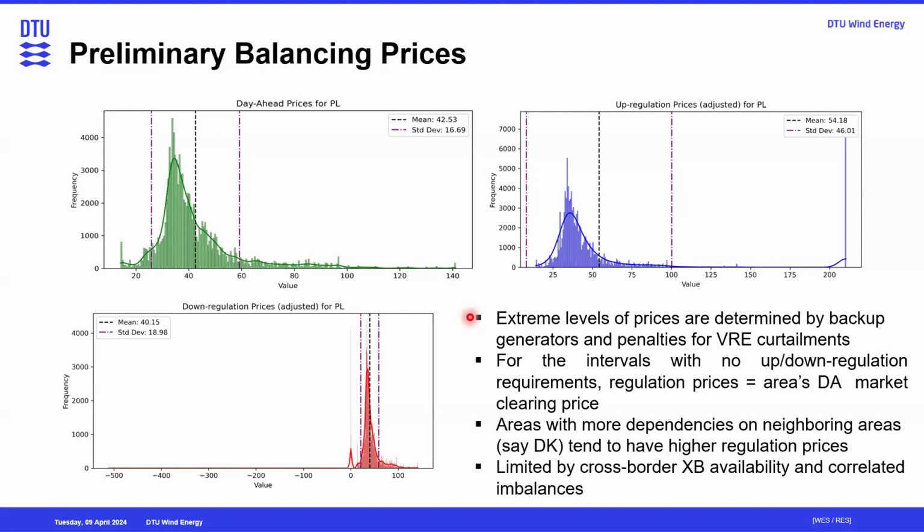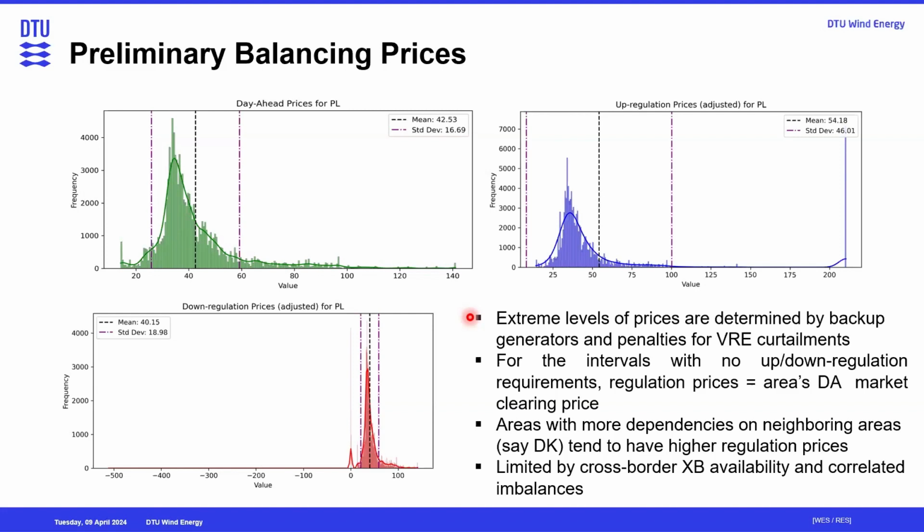Upregulation prices in some hours go beyond 200, so there are extreme levels of price fluctuations. These are determined mainly by backup generators and penalties for VRE curtailments. I should mention that there might be some error in these calculations, and we are trying to fix this. We are still not 100% confident with these results.